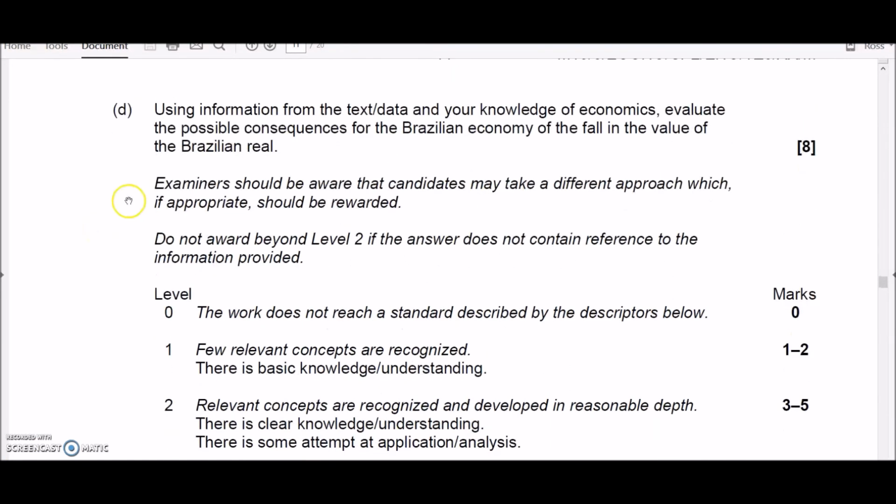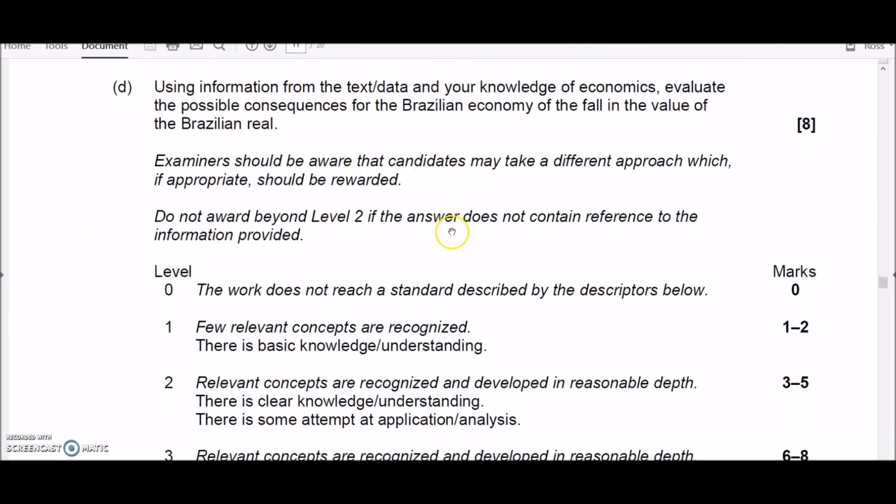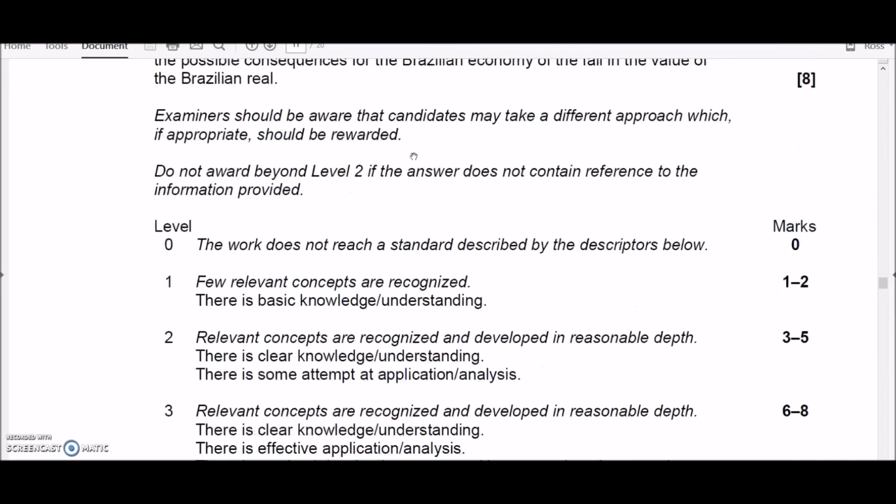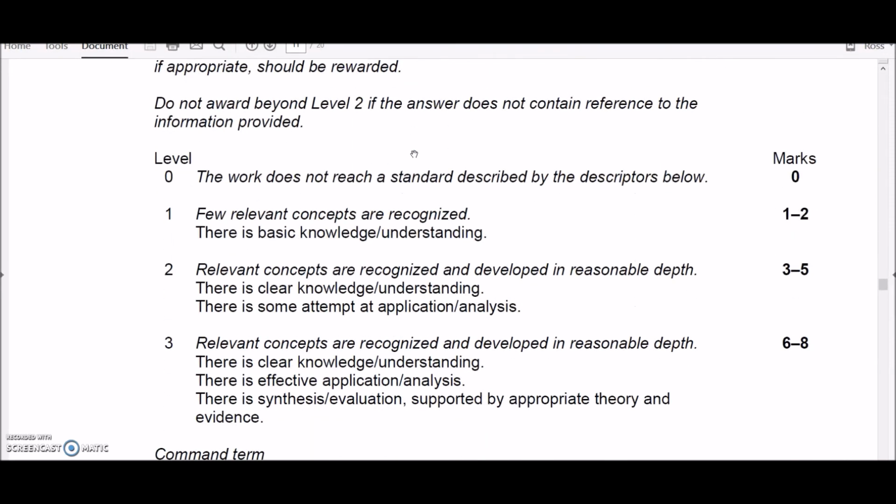And then for part D, the most important thing for you to understand is that what's being measured here is your ability to analyze and to synthesize. When your work is read, the examiner is going to say, okay, which of these descriptions fits the best? To get to level 3, which is 6 to 8 marks, requires you to get to level 3.